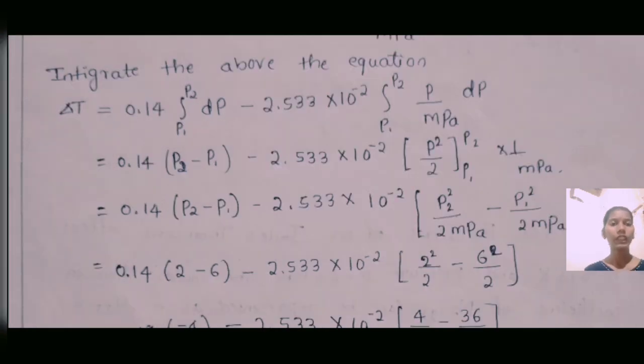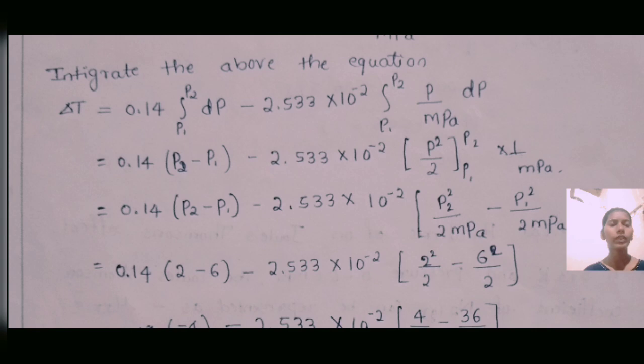Integration of dP is P and integration of P with respect to dP is P square divided by 2. Put the limits in the equation. Then 0.14 (P2 minus P1) minus 2.533 into 10 raised to minus 2 bracket P square divided by 2 with limit P1 to P2 into 1 by megapascal.